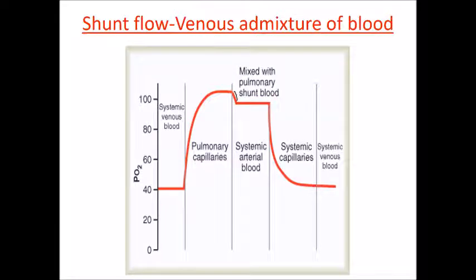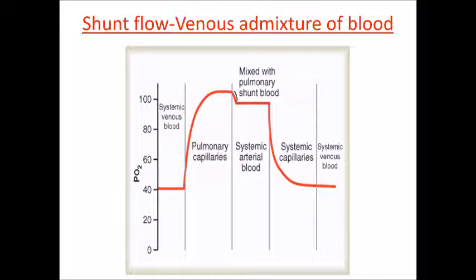Now this graph is showing change in the level of the partial pressure of oxygen at various locations. Let us start with venous blood. We all know in the venous blood the partial pressure of oxygen is 40 millimeter of mercury. Now this venous blood will enter into pulmonary capillaries where oxygenation takes place.